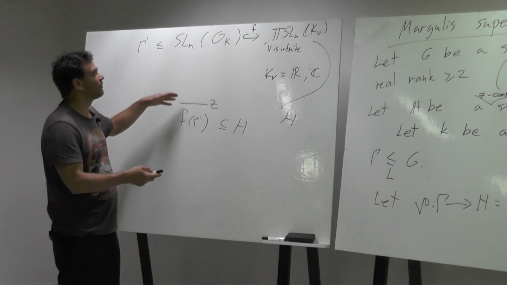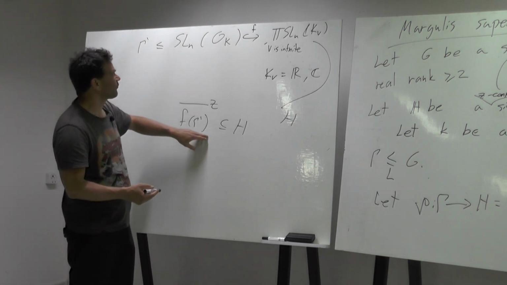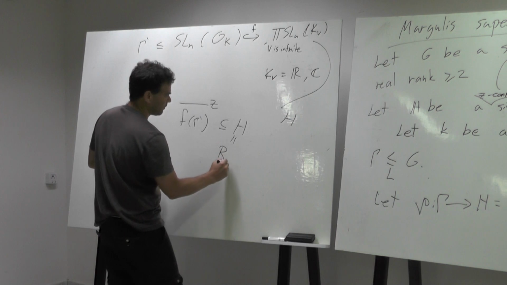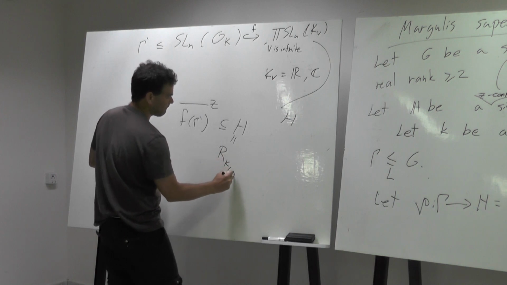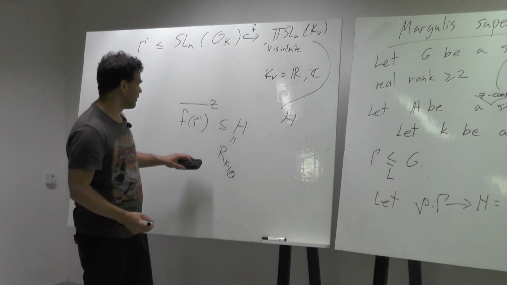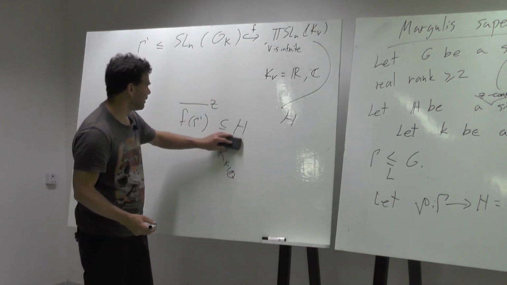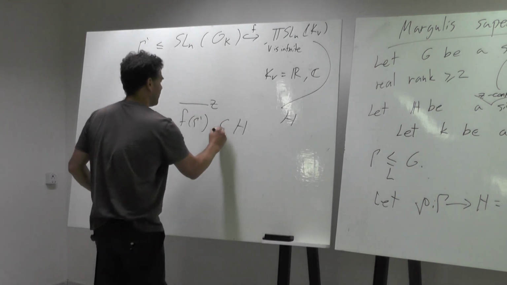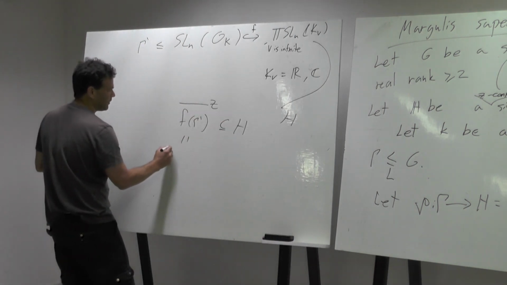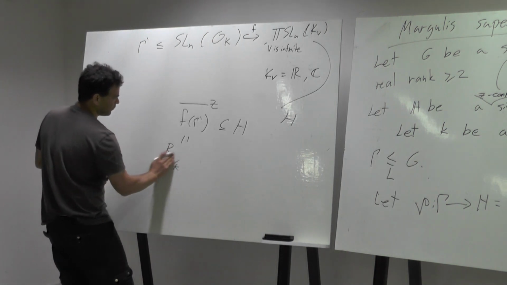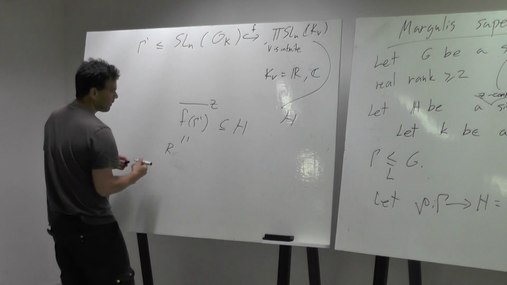When you check the details, you see that it's exactly the restriction of scalars from Q to K. Is the image of F this, on the left-hand side? Yes, the Zariski closure turns out to be the restriction of scalars from Q to K.